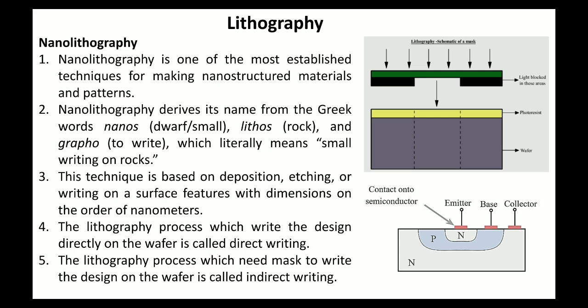We are not directly writing on the surface of the material, we are not able to make the pattern directly on the material. We need to use a mask, so we call this indirect writing. I will give you examples of which are the direct writing nanolithography techniques and which are the indirect writing lithography techniques.